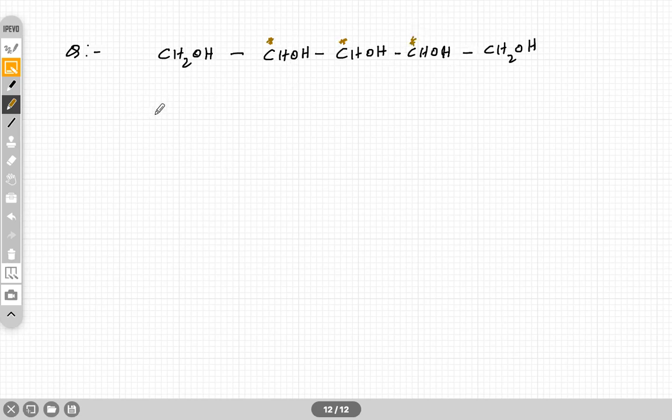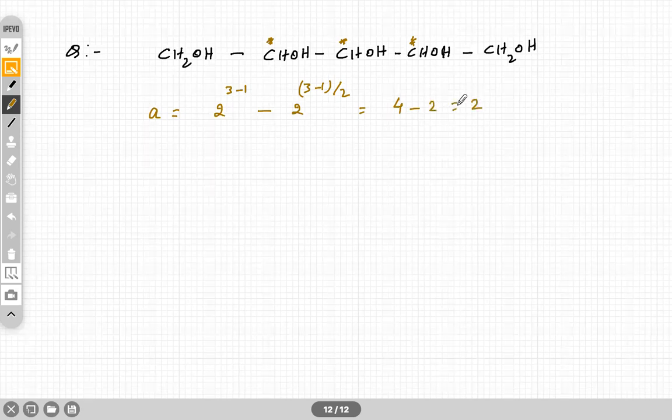So the number of optically active form is equal to 2 to the power n minus 1, that is 3 minus 1, that is 2 to the power 3 minus 1, that is 2 to the power 2, that is 4, minus 2 to the power (3 minus 1) by 2, that is 2 here.